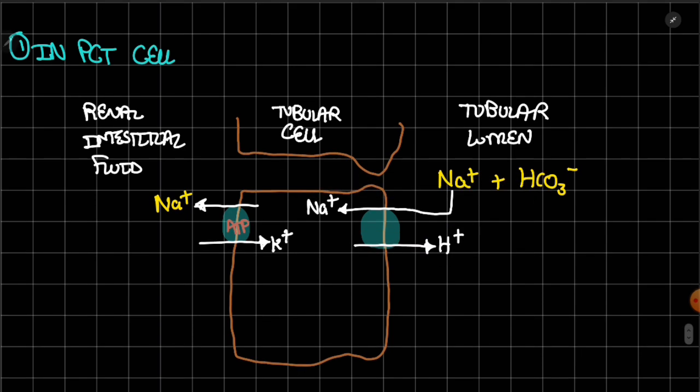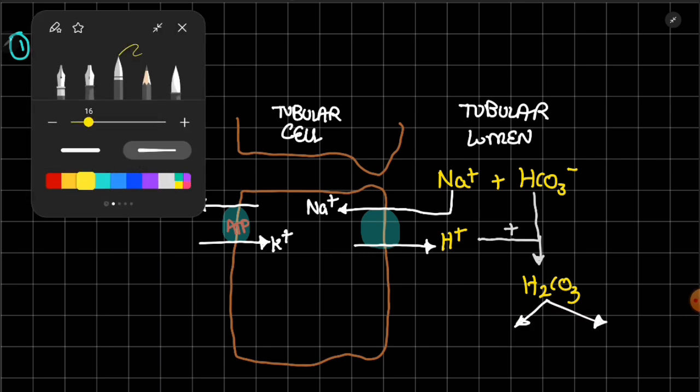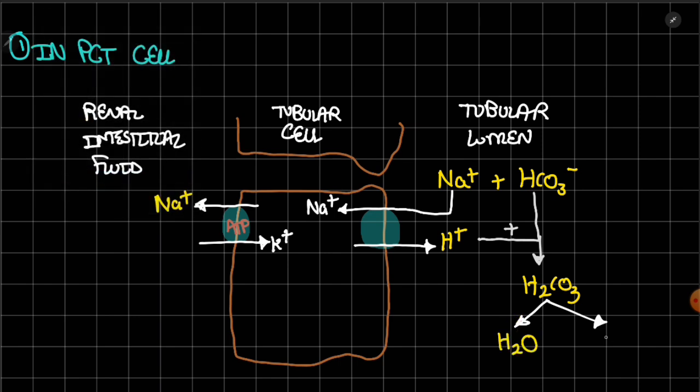So we will study this HCO3. What happens is this HCO3 and H plus combine to give H2CO3. Now this H2CO3 will further break, as you know, into H2O and CO2.